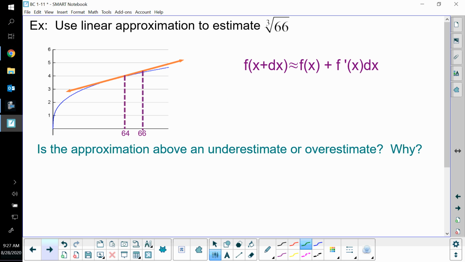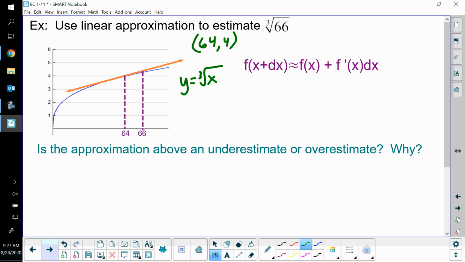So we can use that idea here. We have to think, what would be our point of tangency that we would want to use if we want the cube root of 66? Well, first off, the function we're going to work with is cube root of x. We want to think of what's a nice cube root close to 66, and that would be 64. And the cube root of it is 4.